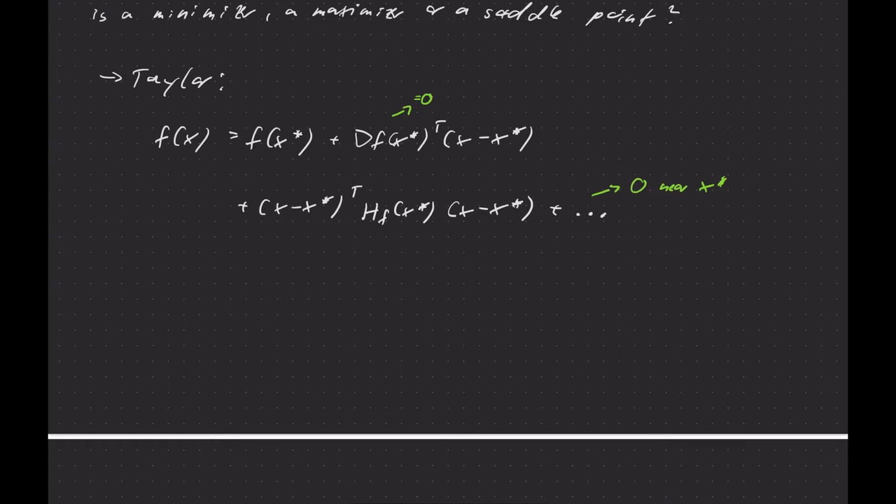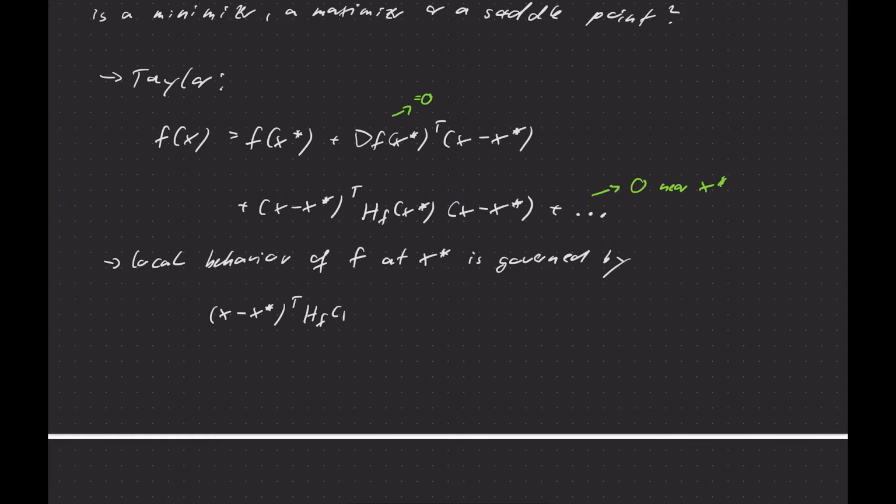Okay, and that's the takeaway message from Taylor here. So the local behavior of f at and around x star is governed by this term x minus x star transposed Hf of x star times x minus x star.